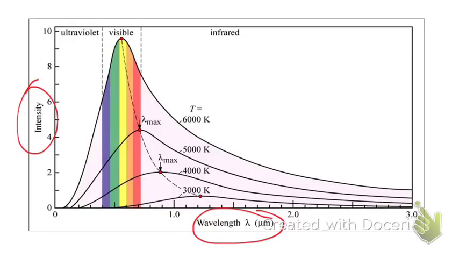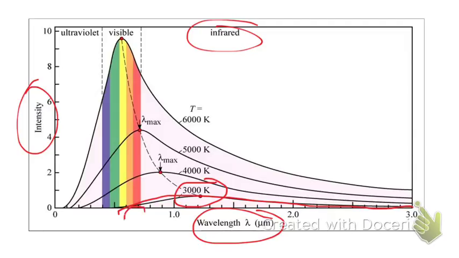So at 300 Kelvin, we get a graph like this. All right? Now, that tells us that most of the light that's being emitted is in the infrared region at 300 Kelvin. So if I heat up a solid object to 3,000 Kelvin, you're mainly going to get infrared radiation being emitted.